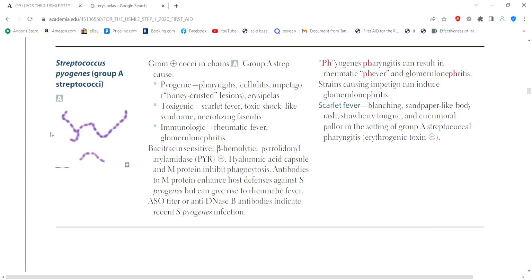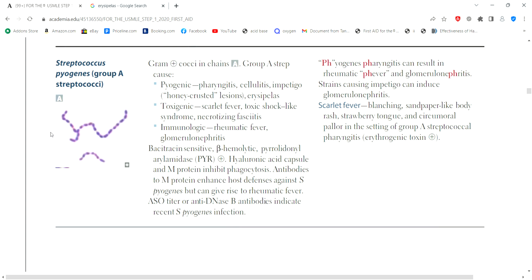Pyogenes pharyngitis can result in rheumatic fever and glomerulonephritis. The strains causing impetigo can induce glomerulonephritis. This is something you gotta know. Infection of the pharynx with Streptococcus pyogenes can give you rheumatic heart failure and post-streptococcal glomerulonephritis, but infection of the skin can only give you post-streptococcal glomerulonephritis and never rheumatic heart failure.